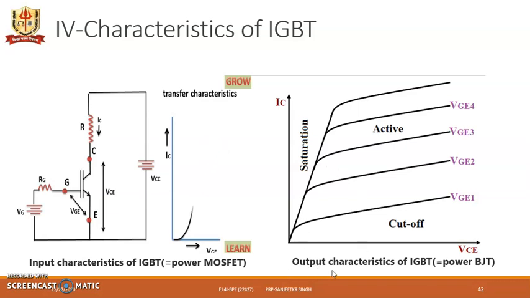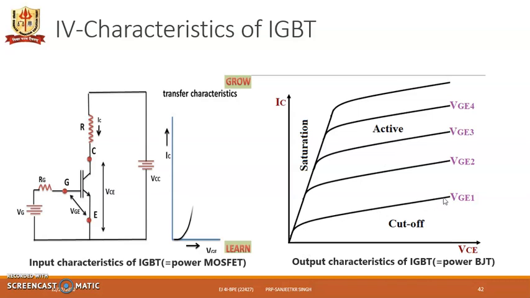The second is the output characteristics, where the gate emitter voltage VGE is kept constant and IC is noted. This is the saturation region, and in the active region the current extends or increases to some extent.